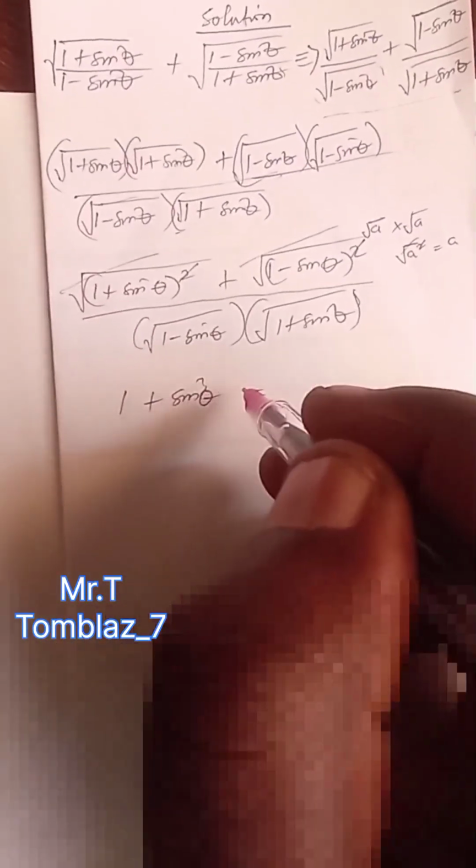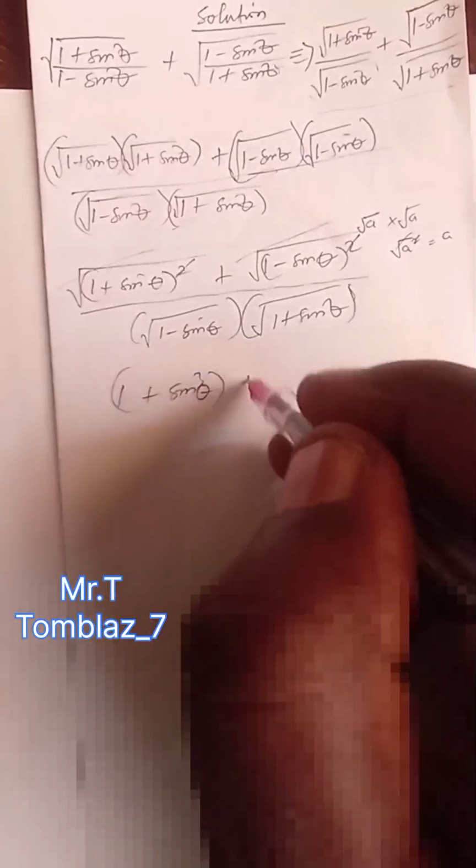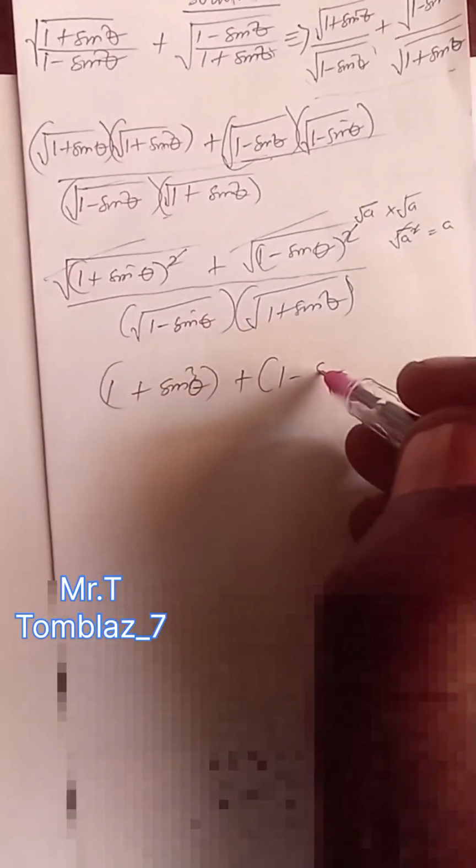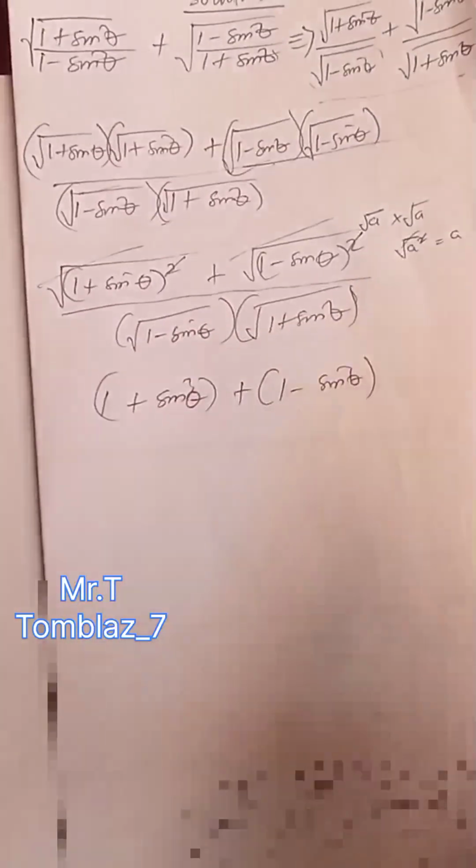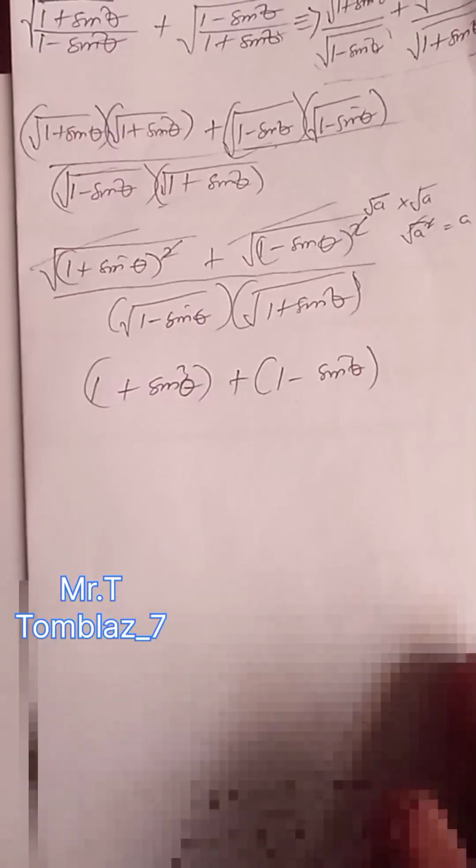Alright, so now let's cancel: this square will cancel this square root. So you are left with 1 plus sine theta, right? Then plus 1 minus sine theta. That will be our numerator.